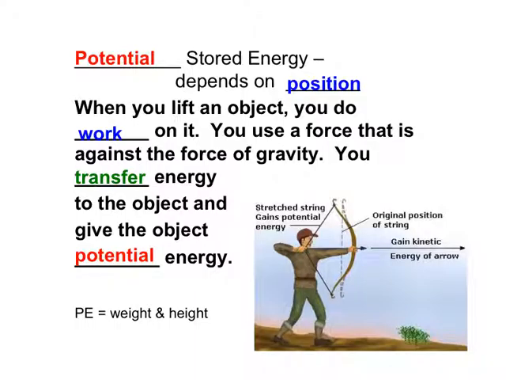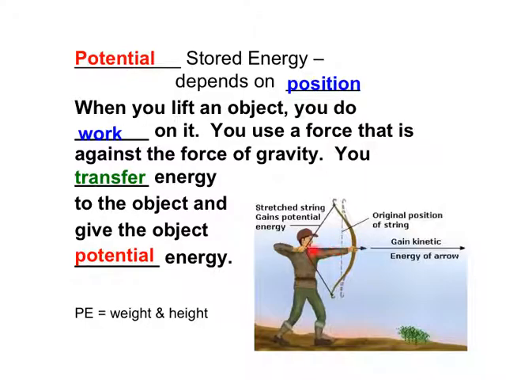You use a force that's against the force of gravity. So you are transferring that energy to the object, and then you give that object, as it goes higher and higher, potential energy. Now, potential energy is based on weight and height. And again, we could also talk about mass and height. Now, look at this guy with the bow and arrow.